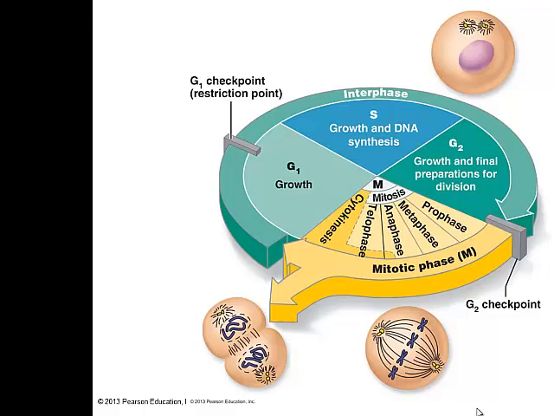I go into what I call the mitotic stages of my life. And this is where I'm going to take all that genetic material and evenly separate it to make 2 brand new cells. So again, I'm reading on page 96, 97. So what are the different stages of mitosis?